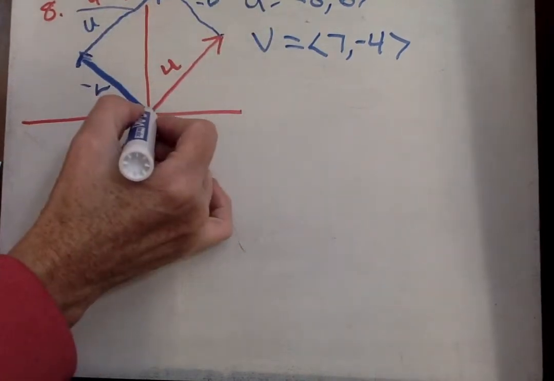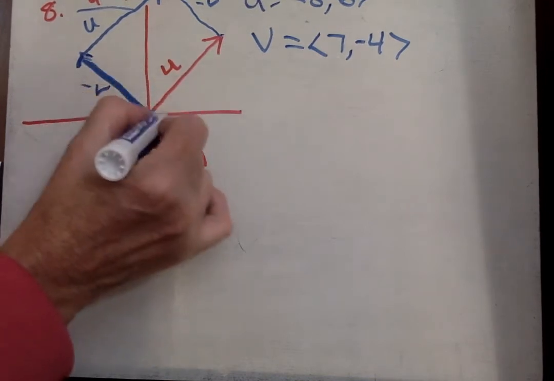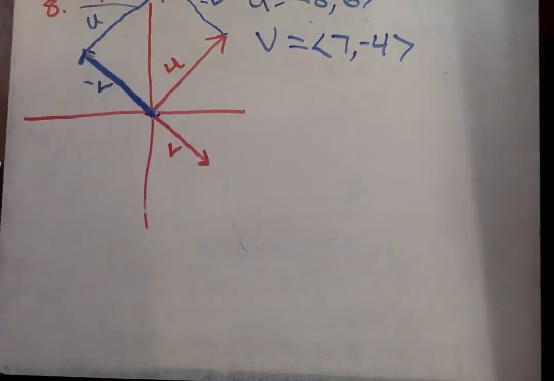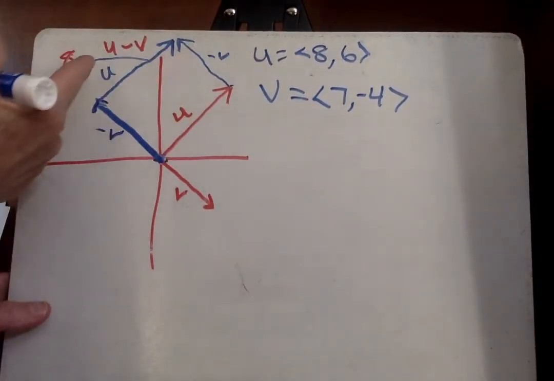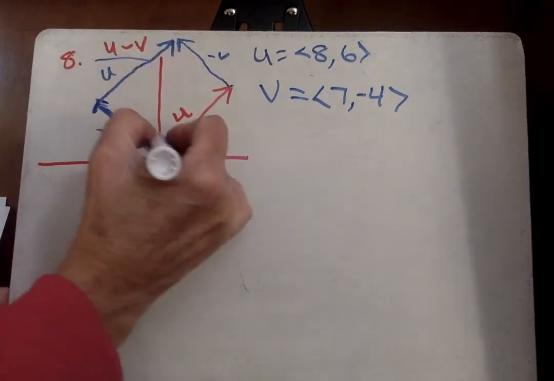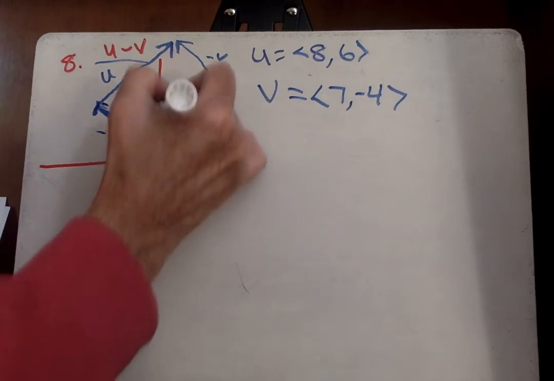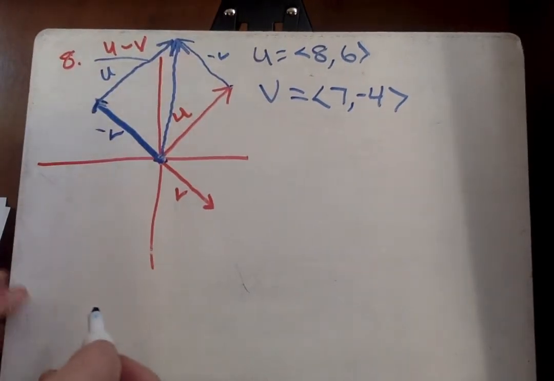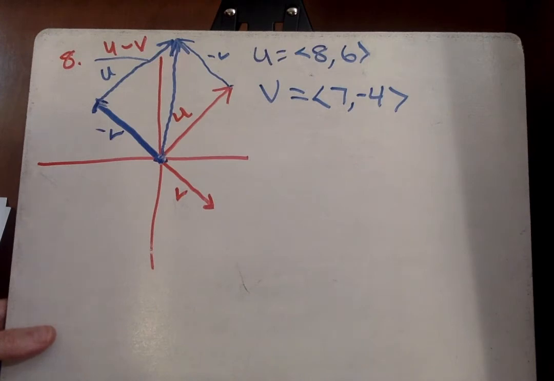Now we go back to our initial point and draw a vector from where everything began, and it goes to where those two vectors meet up there at the top. See that negative v, and here's u, and we're going to draw from our initial point all the way up to where those two arrows meet right there. So then we say, what is that point right there?